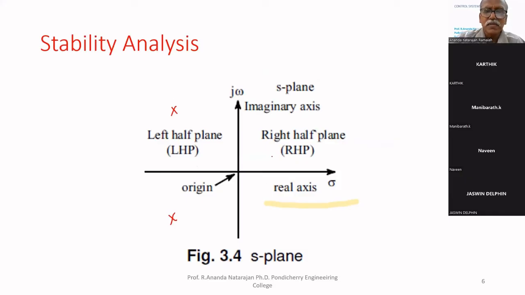How are zeros represented? Suppose I have a zero here and a zero here. Zeros are represented by a circle. Definitely a complex conjugate will be there. Poles are represented by a cross. This is a pole, and this is a zero.